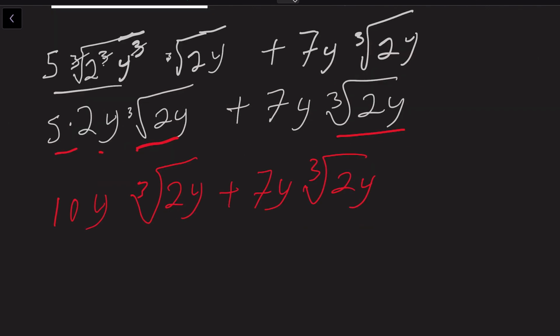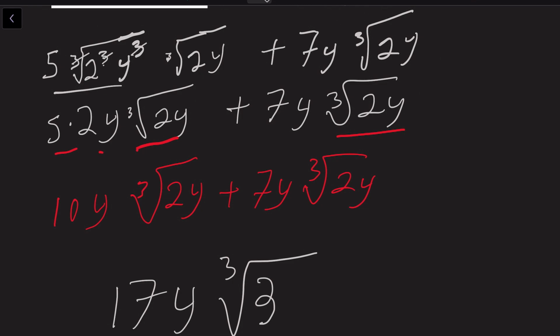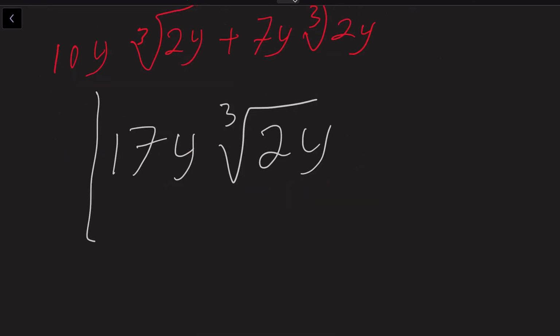So we can add these terms together because now they're like terms. 10y plus 7y is going to be 17y. We're going to leave our radical the same. It's the cube root of 2y. And that is our final answer.